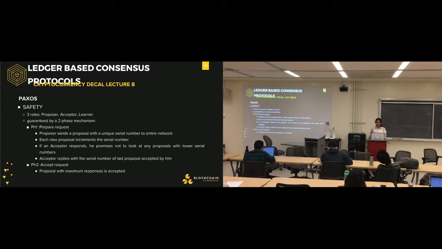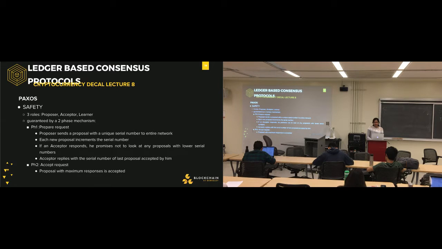There's a 2-phase mechanism by which Paxos tries to guarantee safety. In phase 1, a proposer sends a proposal with a unique serial number to the rest of the network. Each new proposal contains a serial number which increments.